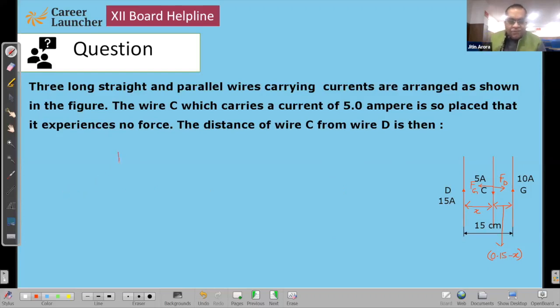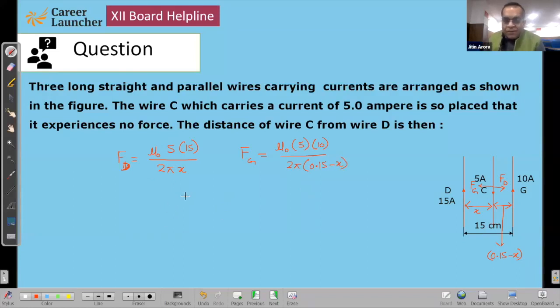Okay, now, so force due to D will be equal to mu naught I1 is 5 amperes into 15 amperes upon 2 pi x. This is the force due to D. Similarly, force due to G is equal to mu naught, 5 into 10, I1 I2 upon 2 pi (0.15 minus X).